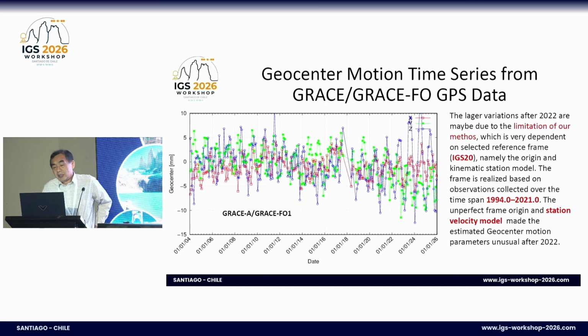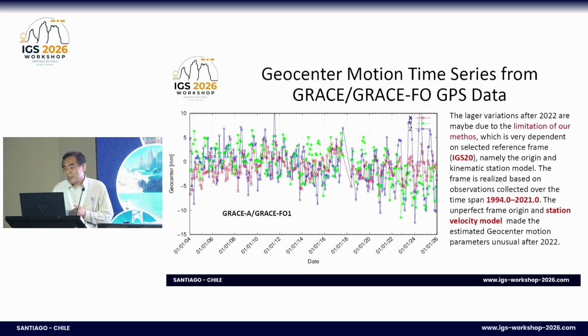So here I just show you the geocenter time series of about 20 years, in 3 different directions, X, Y, Z. You can see before 2021 the solution is stable, but after 2021 the Z direction is a little bit higher.